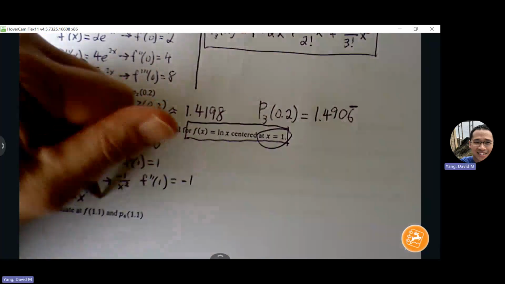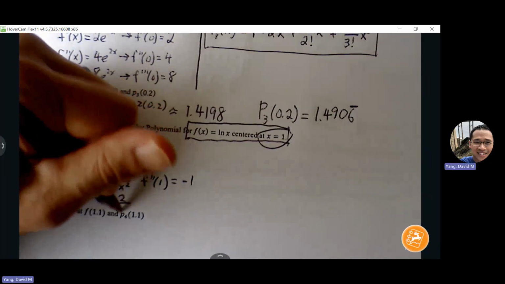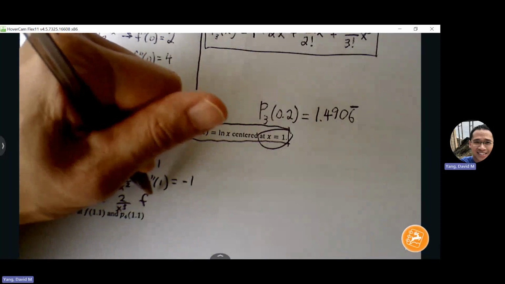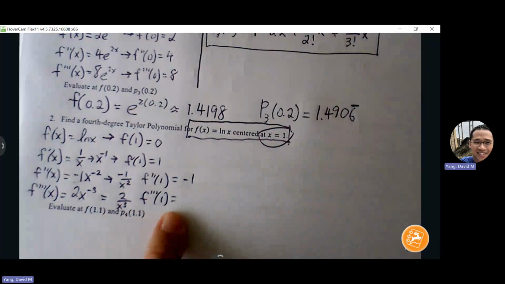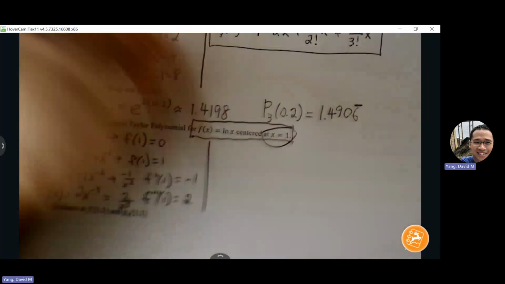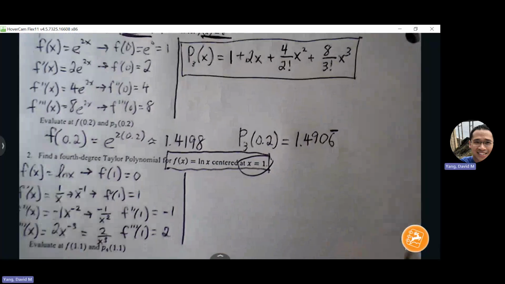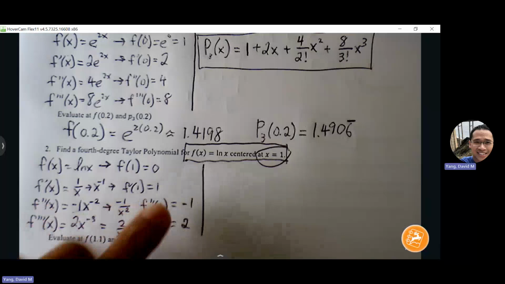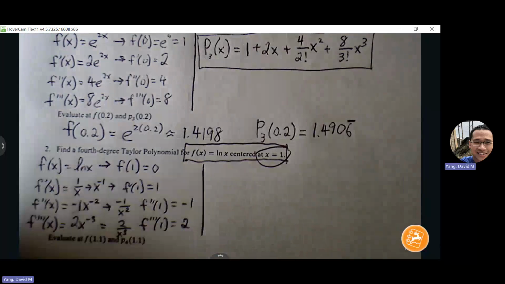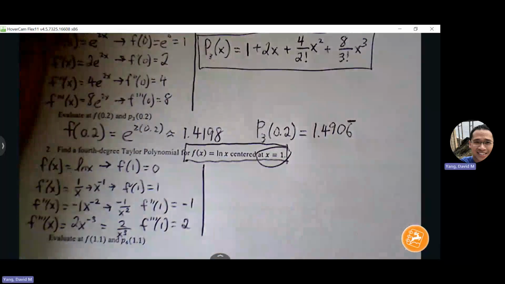Let me clean this on here. 2 over x cubed. The third derivative at 1 is 2. So piece by piece, we're going to put them into the appropriate places so that this polynomial can do its job of imitating this natural log function, centered at 1.